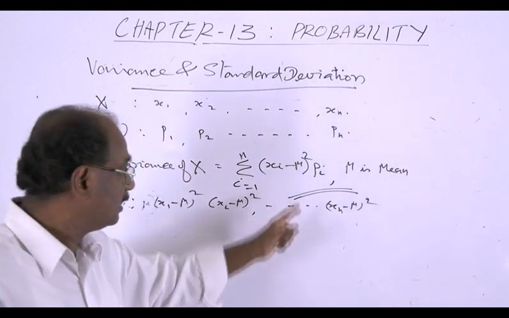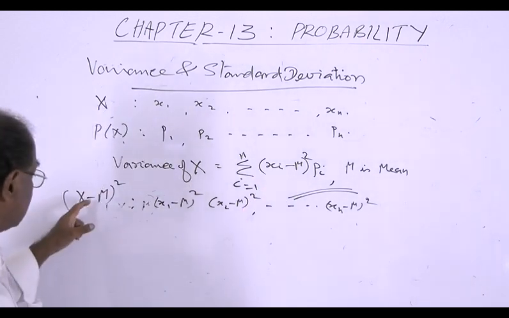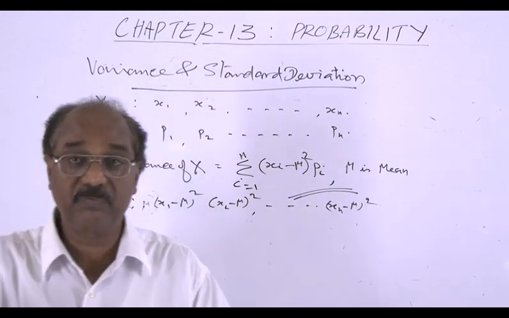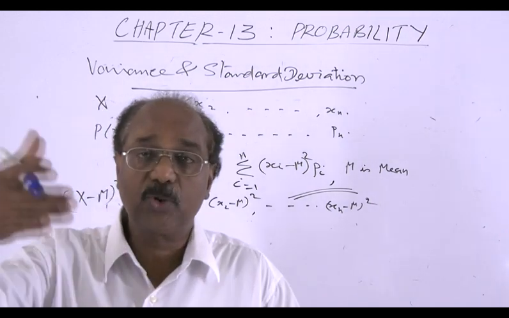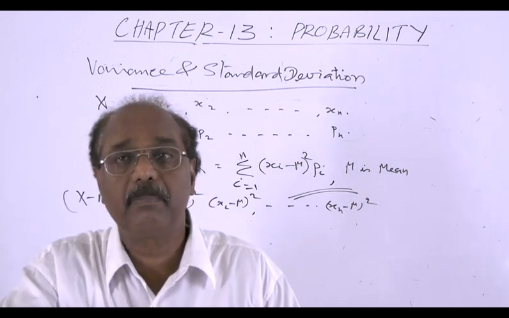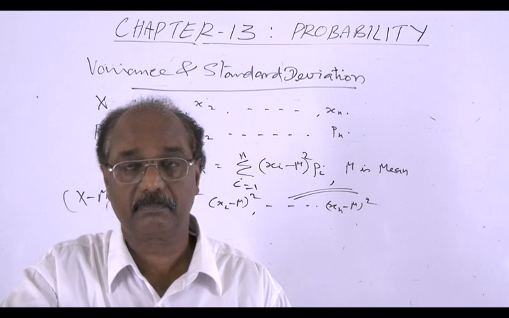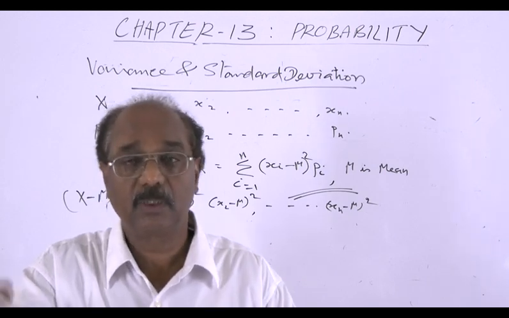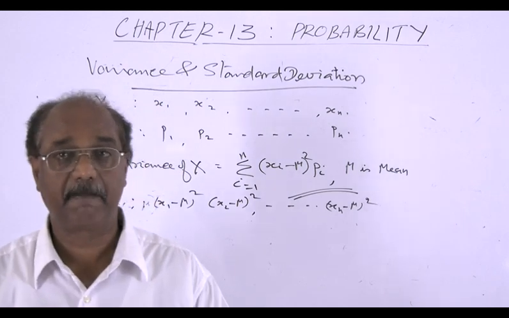It is the expectation of (x minus mu) whole squared, or the mean of the squares of the deviations from mean of the random variable. Okay, so this is the variance.